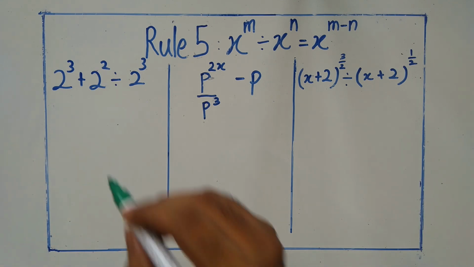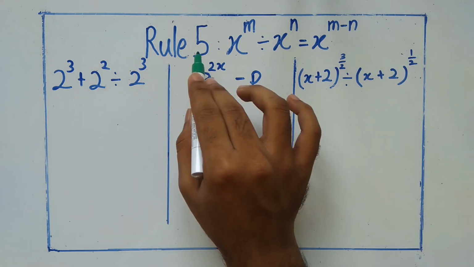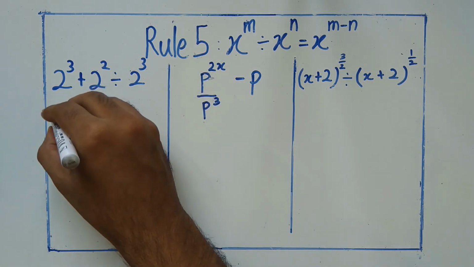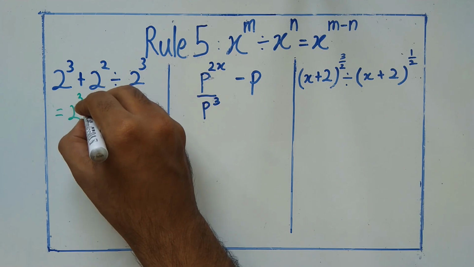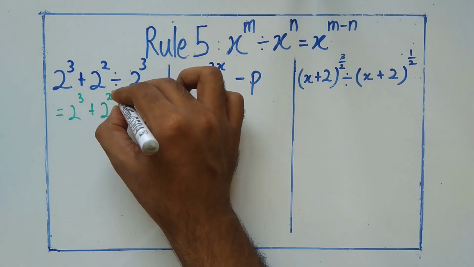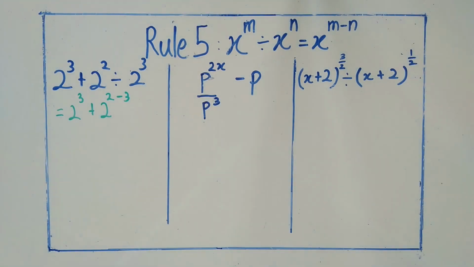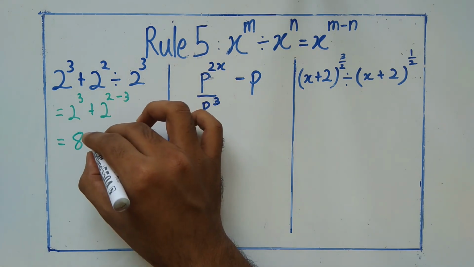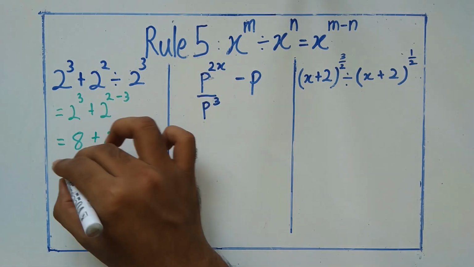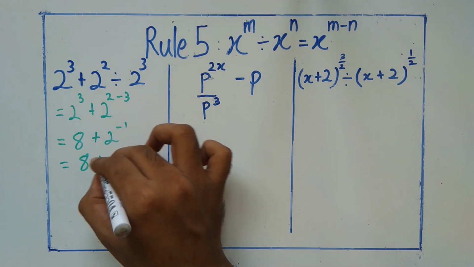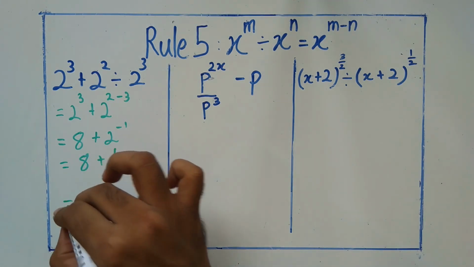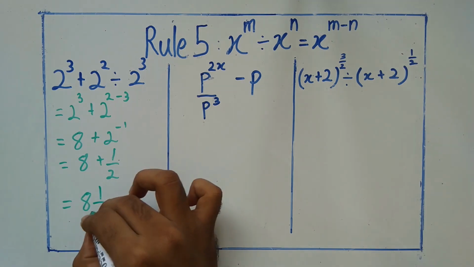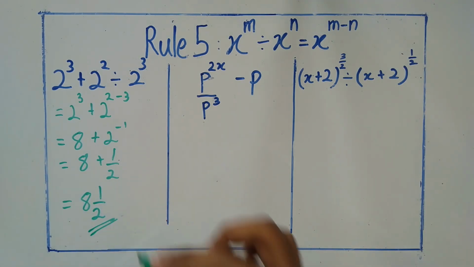In the first example, we can simplify these two terms by using the subtraction rule. Then we solve the power and add them normally. We get 8.5.